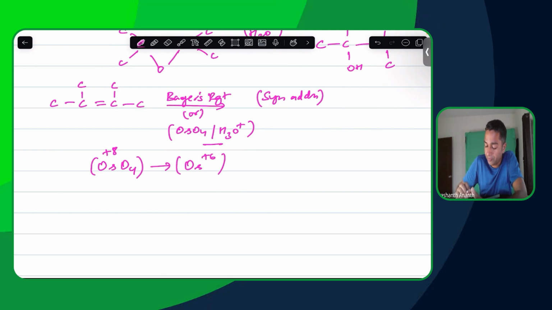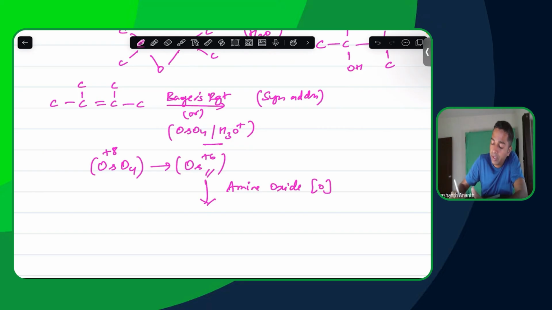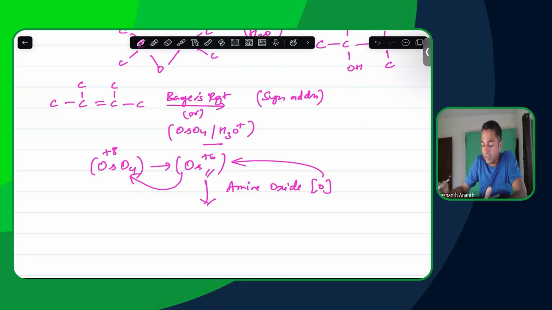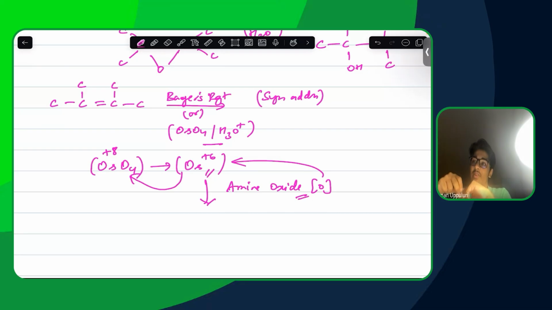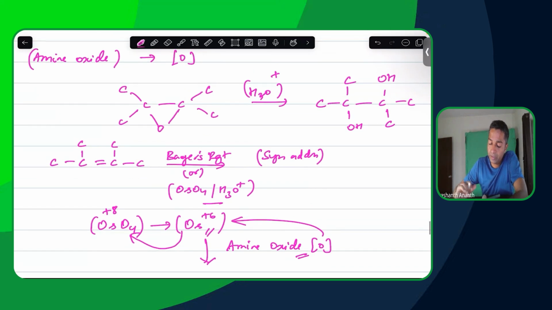But if you have this osmium +6 in the presence of amine oxide, the nascent oxygen provided oxidizes it back to osmium tetroxide. So it's like an infinite supply, not infinite, limited by the amount of amine oxide. Basically, they're telling you amine oxide is the ultimate oxidant in this reaction.